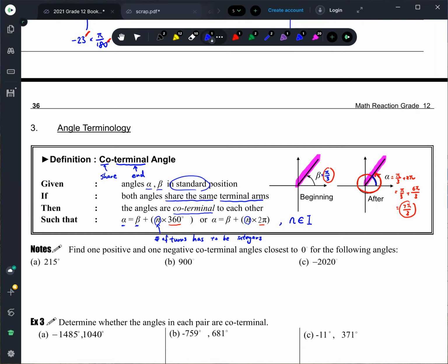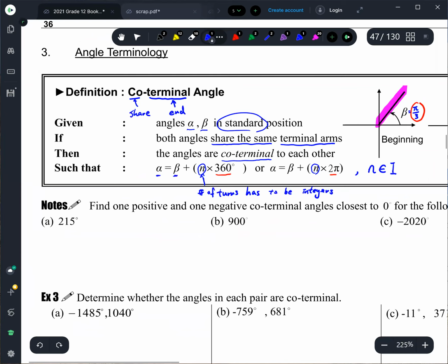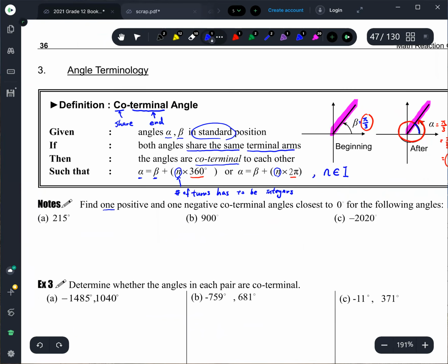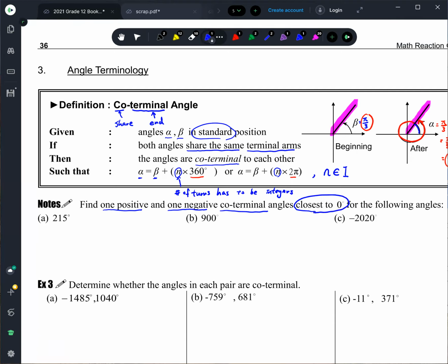So the kind of question you will see on the homework, well, one of them will be like this. Here it asks you to find one positive and one negative coterminal angle that is closest to 0 degrees. Coterminal means it can keep on turning, right?